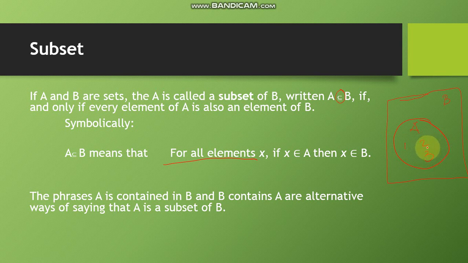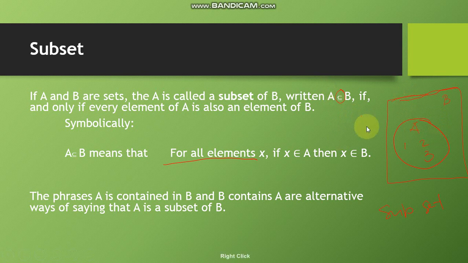We can say that 1 is also an element of B because it is inside B, if and only if A is inside B. The phrases A is contained in B and B contains A are alternative ways of saying that A is a subset of B. A subset is a set that is inside another set. So, I have a bigger set, that is B, but it has a mini set or subset, that is A.